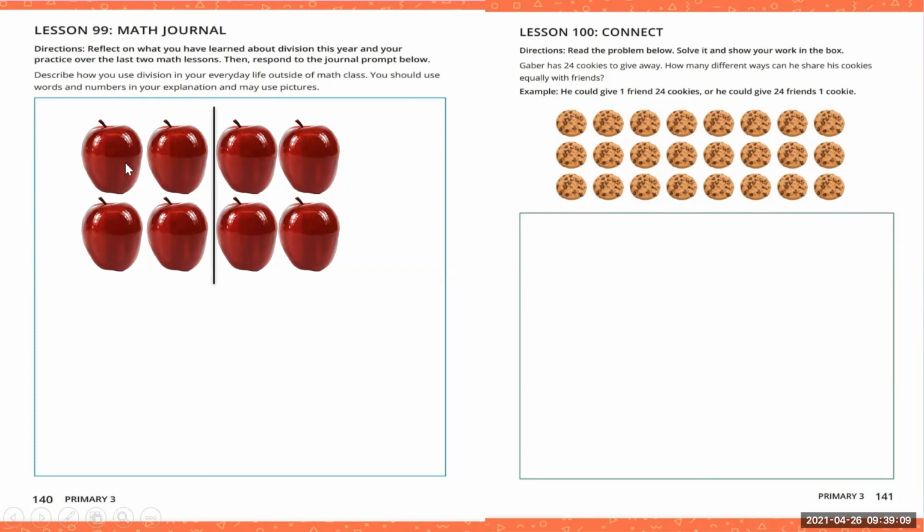To find the half, we will divide 8 by 2. The half here equals 4 apples. Okay? Great, excellent, my dear.